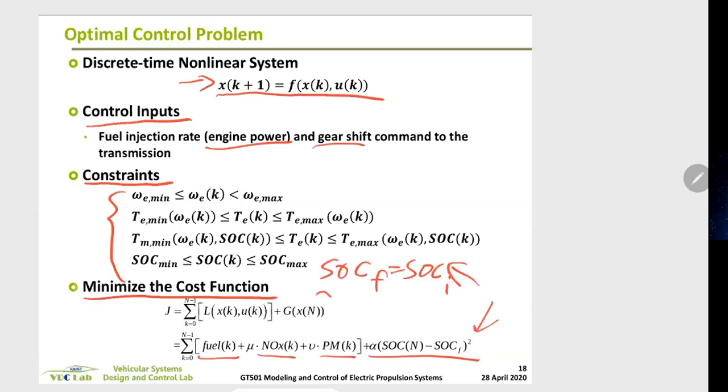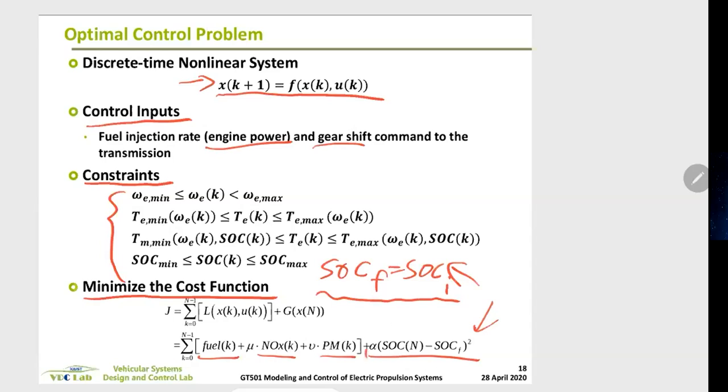So this is the proper way to define charge sustenance, right? But sometimes this is difficult to implement.